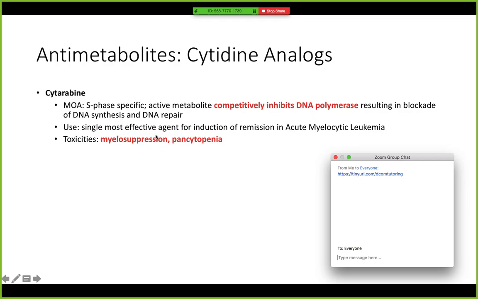It's the single most effective agent for induction of remission in AML. They don't like to use the word first line, but if you're going to talk about first line for AML, it would be cytarabine. And then the two important toxicities to remember are myelosuppression and pancytopenia.